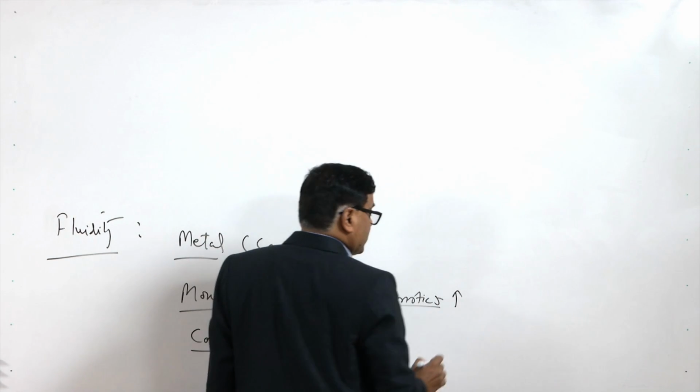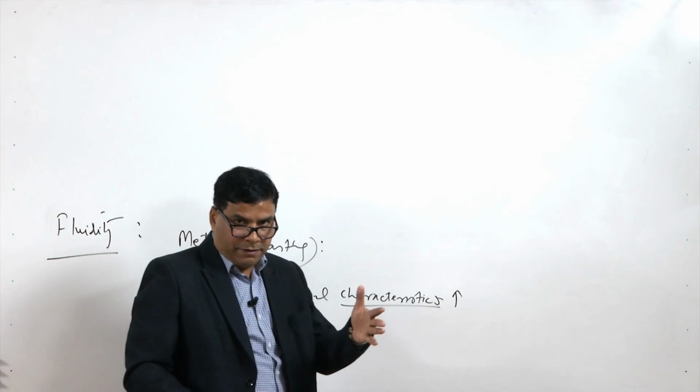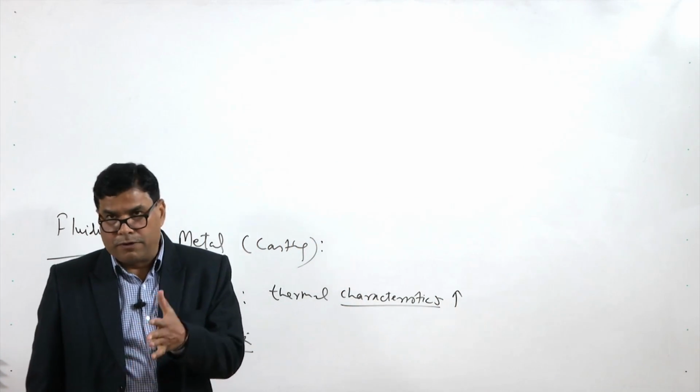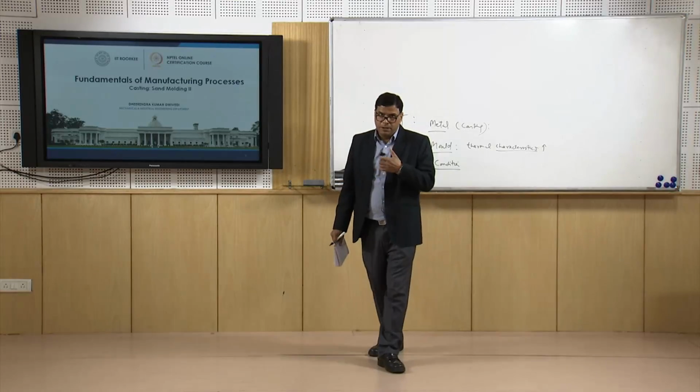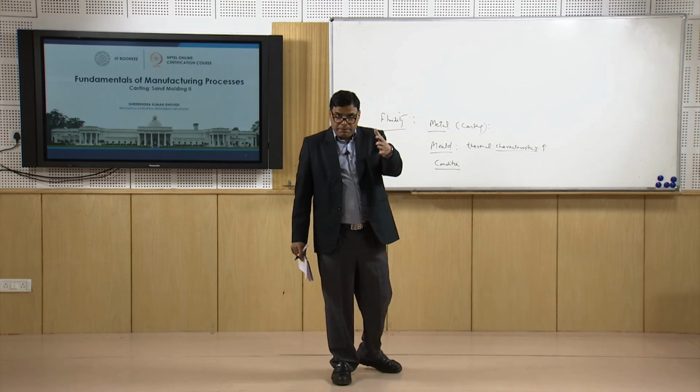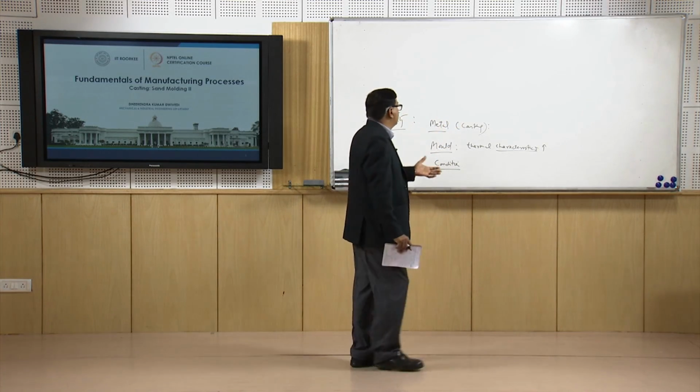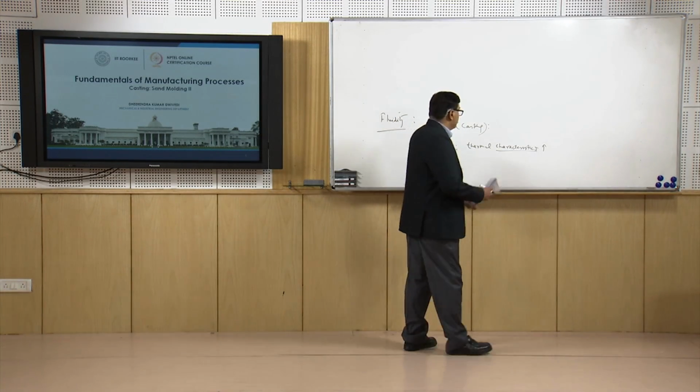So, higher is the thermal conductivity, faster will be the heat extraction from the molten metal and earlier will be the solidification. So, the molten metal will not be able to flow for long and therefore, fluidity will be reduced.